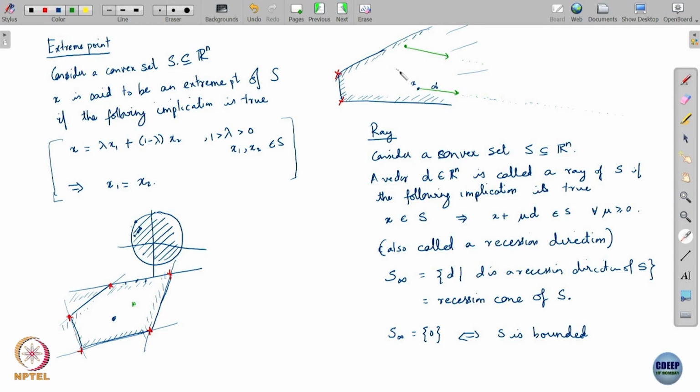See, if you have a polyhedron like this which is unbounded, and take a point like this here, okay, take this point x. This point cannot be written as a convex combination of just the extreme points, but it can be, what he is saying, written as a convex combination of the extreme points plus translation with the rays that you have in the set.